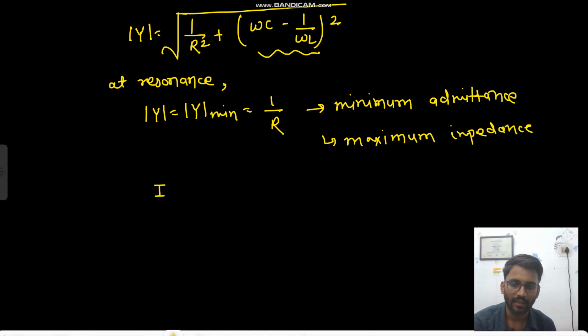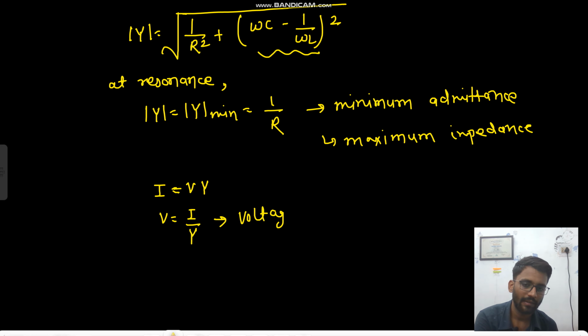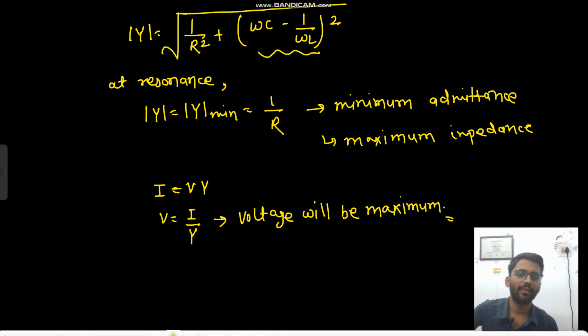What is I? I is equal to V into Y, that I told you, right? So your V will be I by Y. So your voltage will be maximum. At resonance, your admittance will be minimum and your voltage will be maximum.